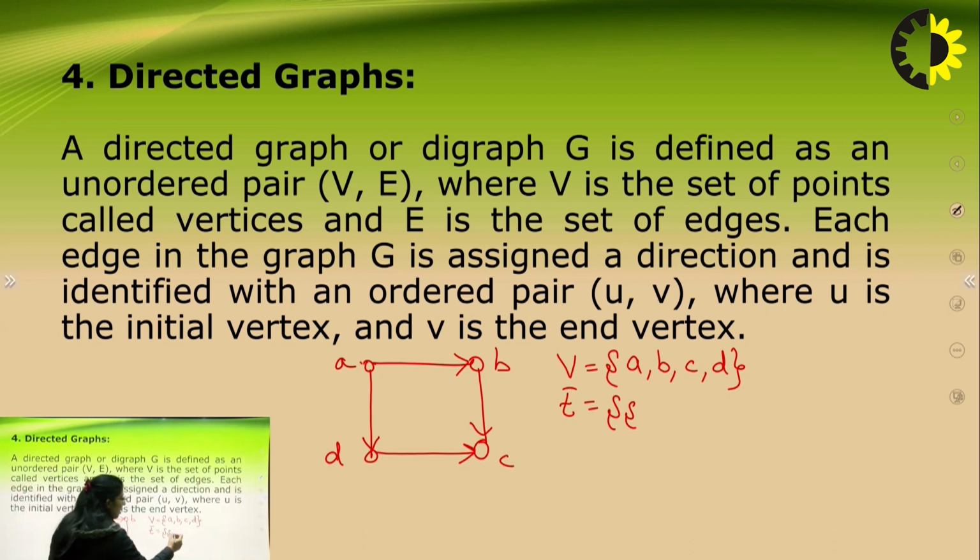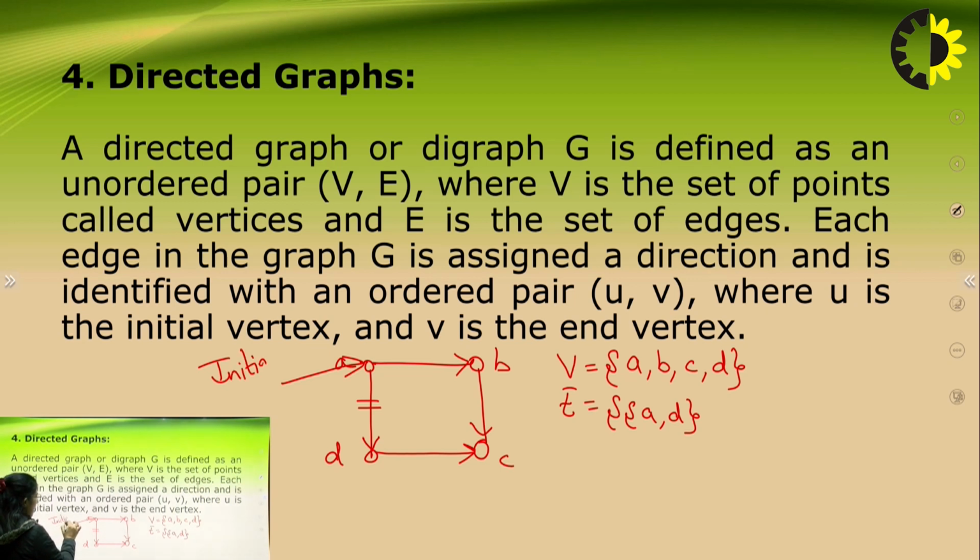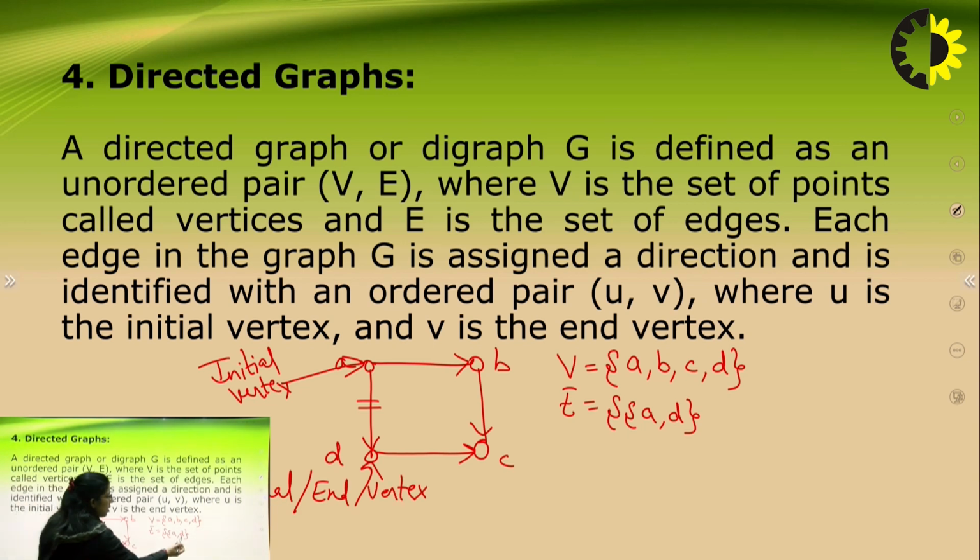A to D. First we write A, then D, because for this particular edge, this is the initial vertex and this is the final or end vertex. So the position matters here.